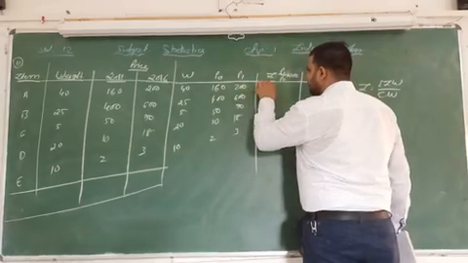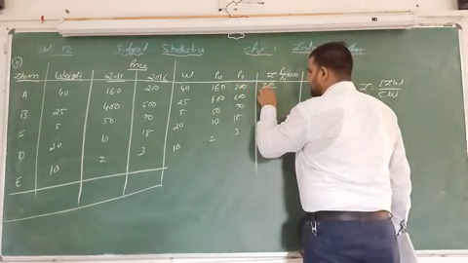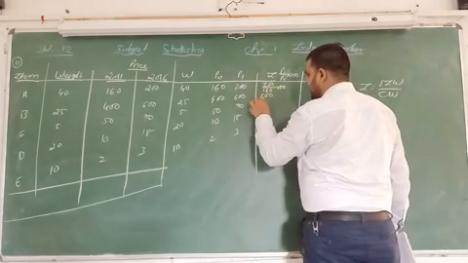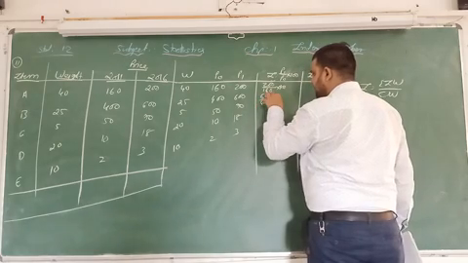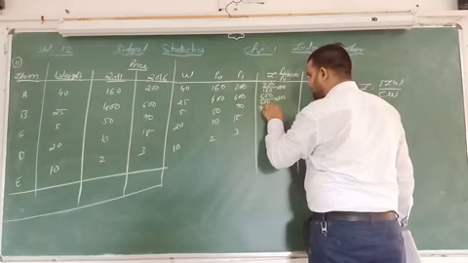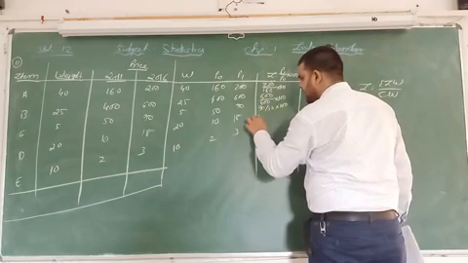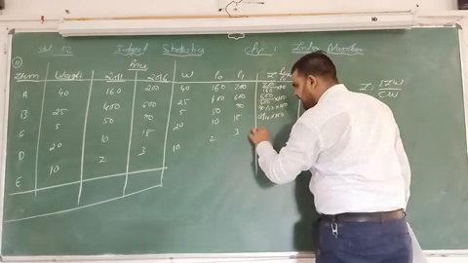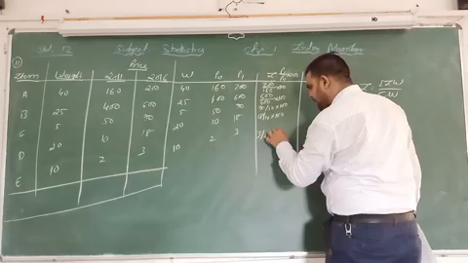So here 200 divided by 160 multiplied by 100, the same as 600 divided by 400 multiplied by 100, 70 by 50 multiplied by 100, 80 by 10 multiplied by 100, and 3 by 2 multiplied by 100.